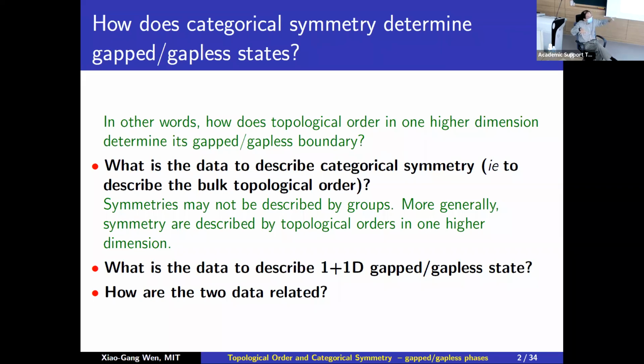This is possible, but my other system has a bulk, and the bulk has a topological order. So our original system with symmetry is simulated by a one-higher-dimensional system, and so we play this game.